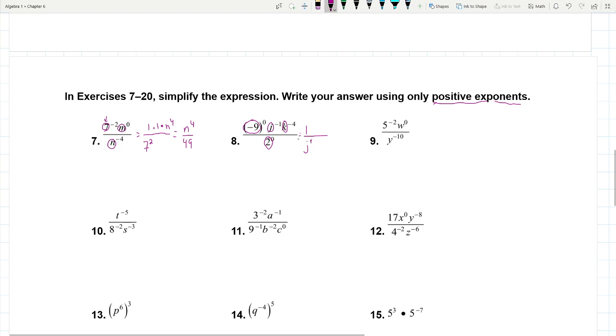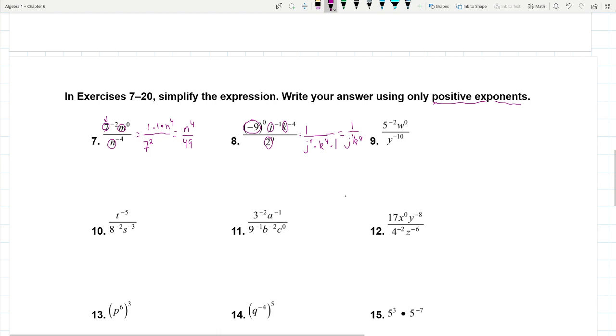K to the negative fourth tells me, again, we're on the wrong side of that fraction bar, so this is times k to the fourth. 2 to the 0 tells me that this is 1. And so my answer is 1 over j k to the fourth.